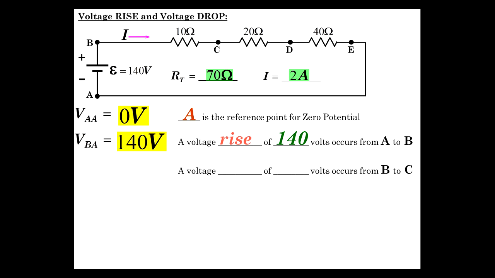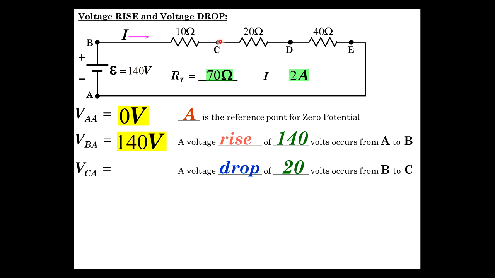And that voltage is the current times the resistance. So it's 2 amps times 10 ohms. Well, that's a drop of 20 volts. So it drops. Higher here, lower here. And this can be verified with a voltmeter, as I will do in class.